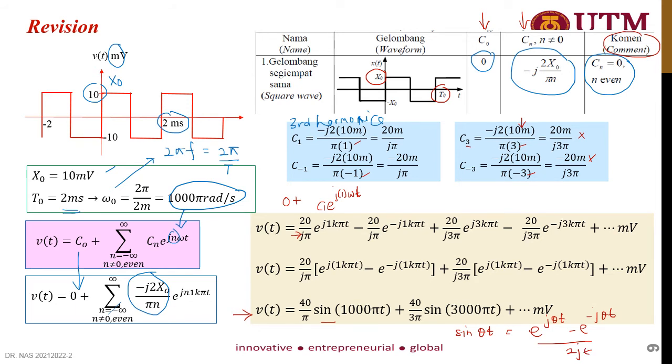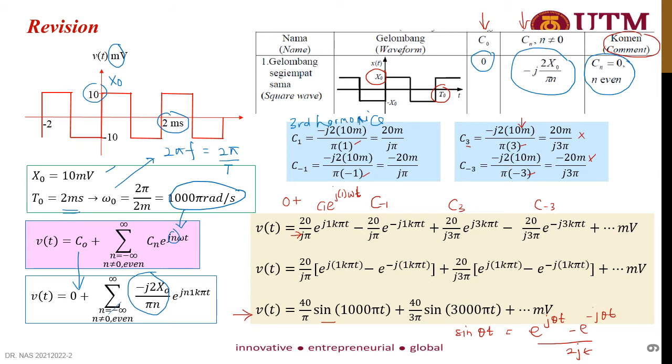And then compile all Cn values. So this is for C minus 1, and then e^(j minus 1 omega t). This is for C3, and this is for C minus 3. Okay, and then to get the complex exponential into the trigonometric form, you need to use Euler's theorem.